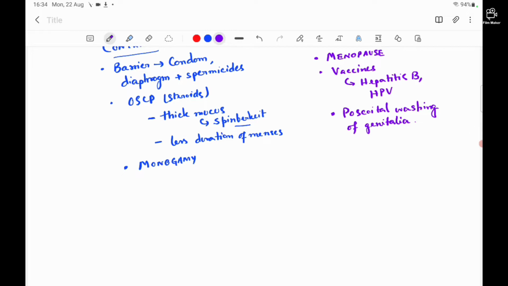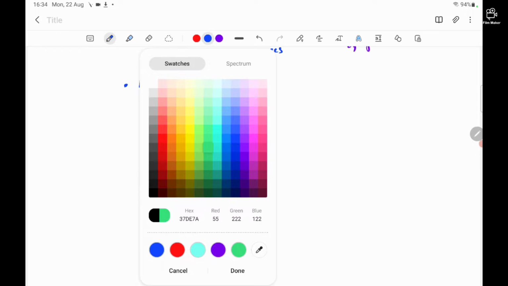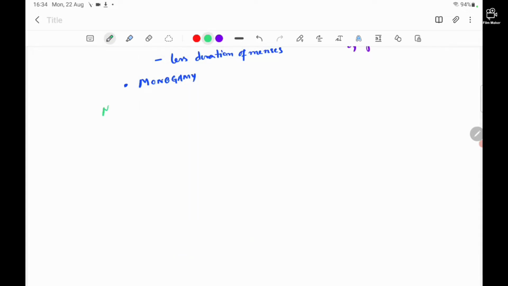Next, we will talk about the modes of infection. So it might be gonococcus.